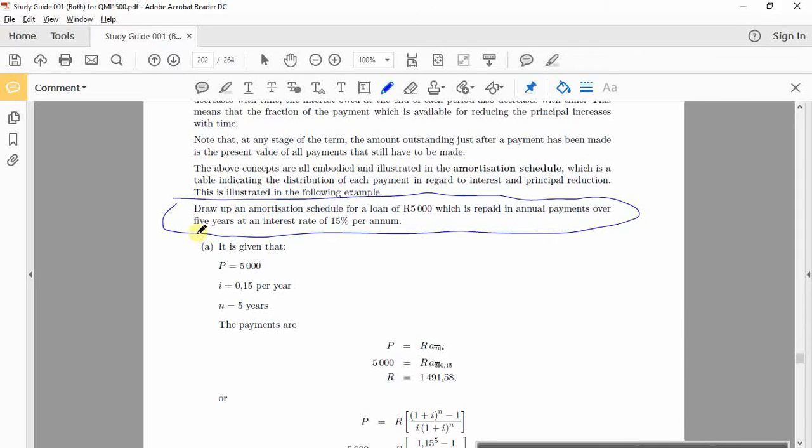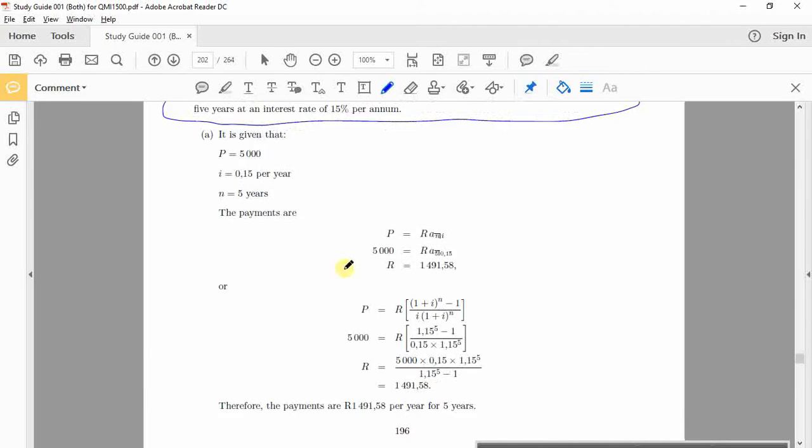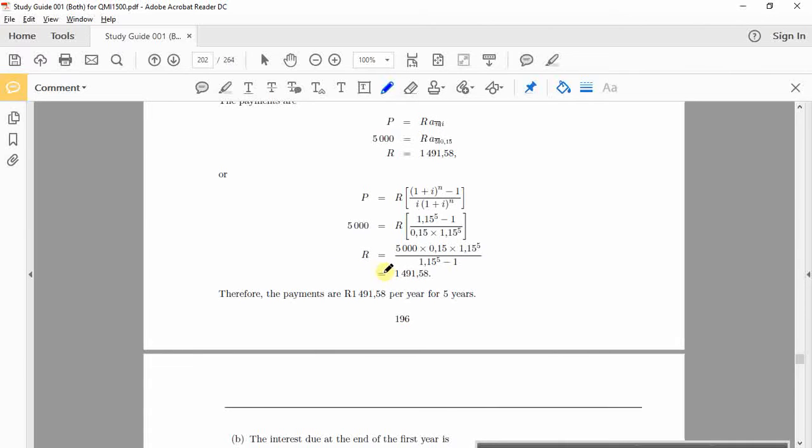Okay, so the present value is 5,000. Then 5 years. Okay, wait, I need to clear the memory.